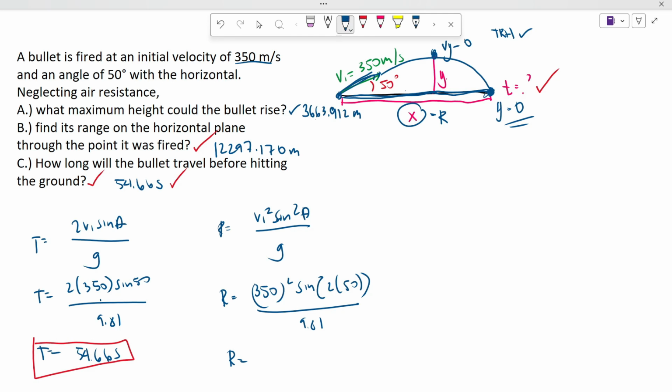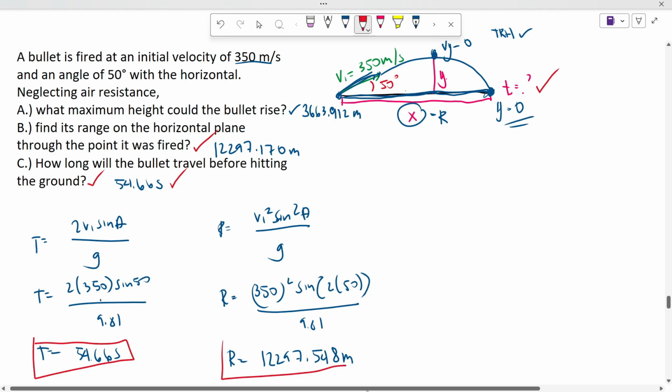This will be equal to 12,297.548 meters. If you notice, guys, they are exactly the same, except for the decimal places. This one is 170, the other is 54.8. So, a very small difference there, guys. So, this formula can also be used.